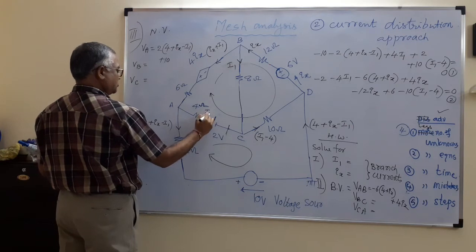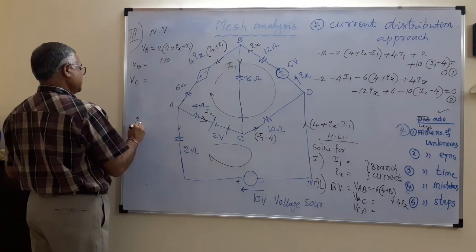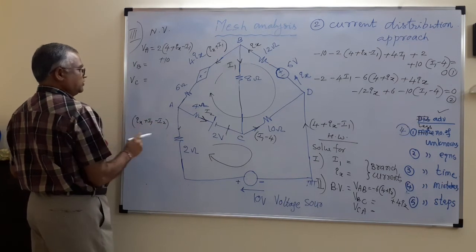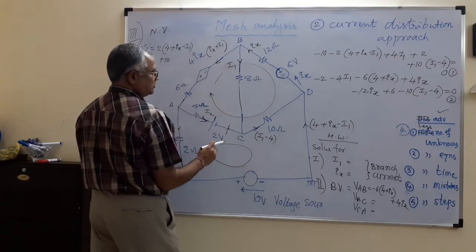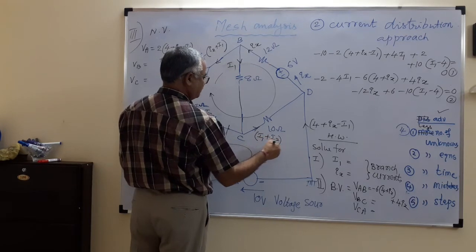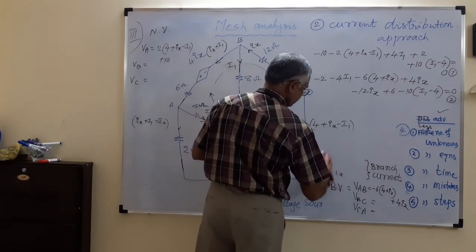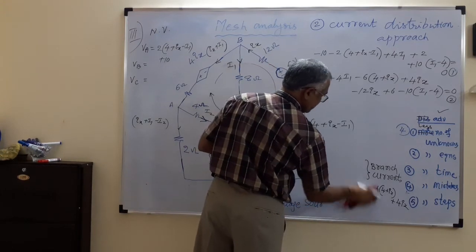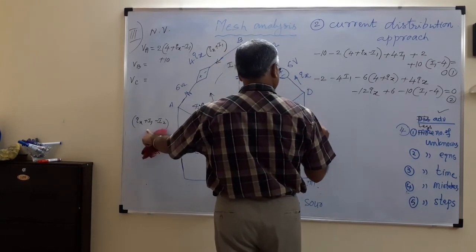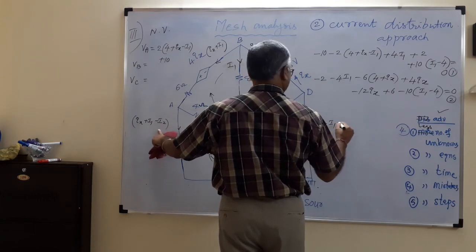This unknown I2. So here Ix plus I1 minus I2. This is I2, this is I1, na? Now I1 plus I2 will come here, and the same current will come up to here. Same current, that is Ix plus I1 minus I2.